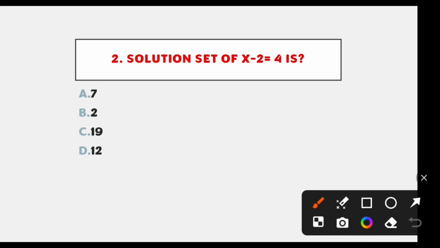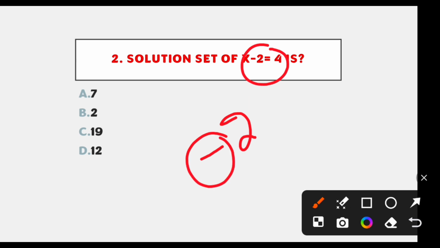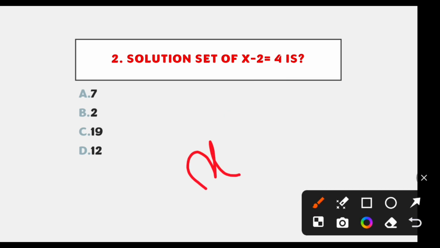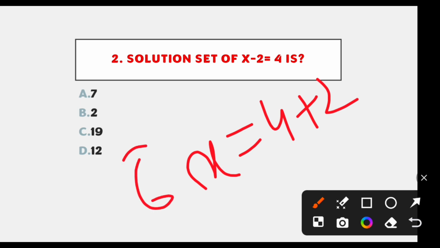Here you have to remember that the sign before the variable will be changed. In this case the sign is minus 2. The sign is minus, so when it shifts from the x side to the 4 side, it will be converted into plus. So it will be x is equal to 4 plus 2. So the answer is 6, which is not given here. So the correct option will be option 6.